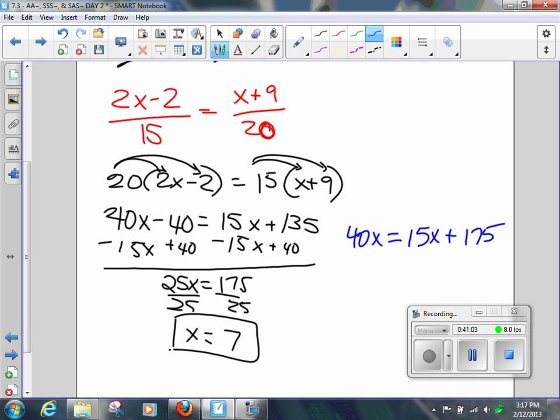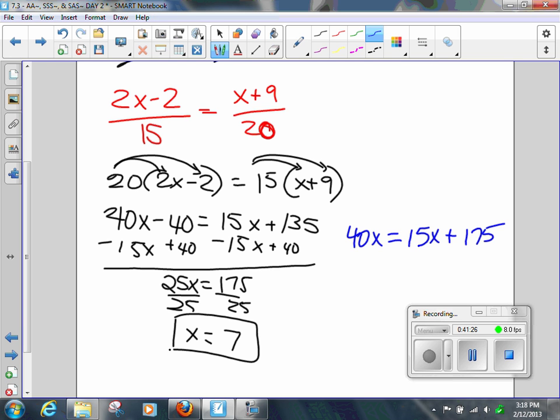Don't divide, subtract. I got it. You added 40 to both sides. I got a minus 42. Okay, Justin? Don't do that.